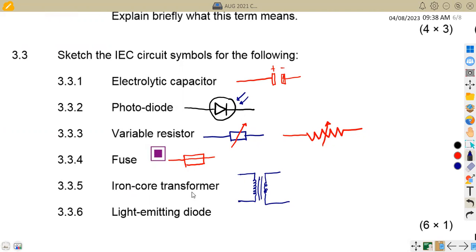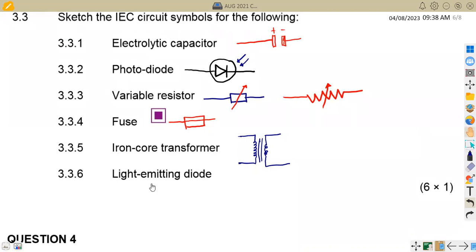So that's an iron core. Then we have got light emitting. Take note, this time this is emitting. To emit is to give out. So it's actually a normal diode, but it will be giving out light. It's going to be like this, giving out light, emitting light. So that's light emitting, all right?